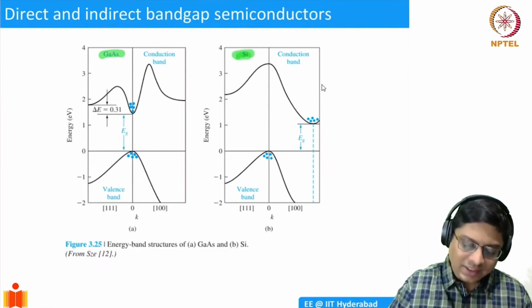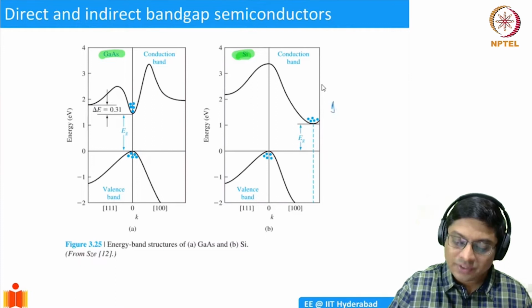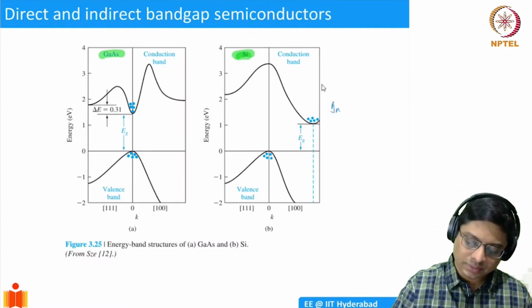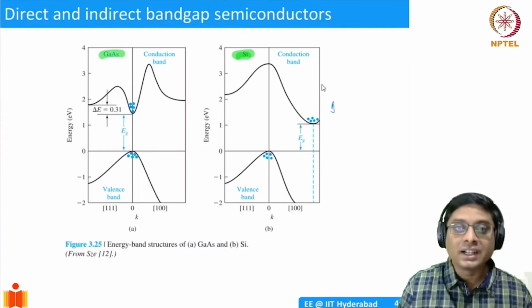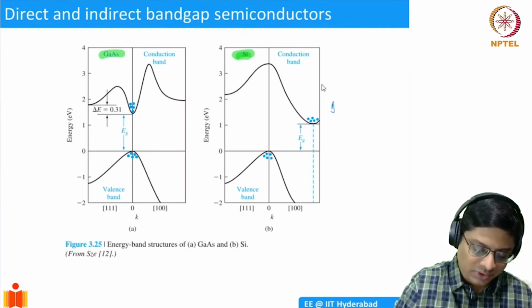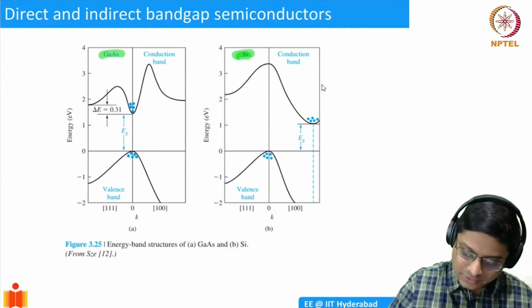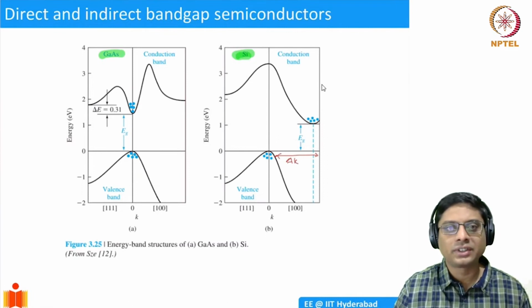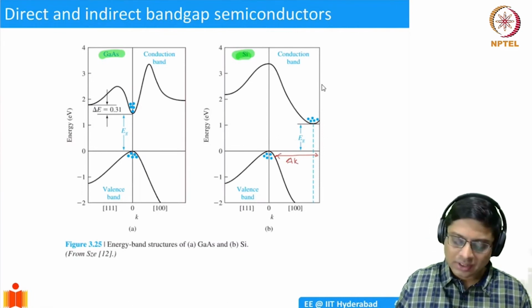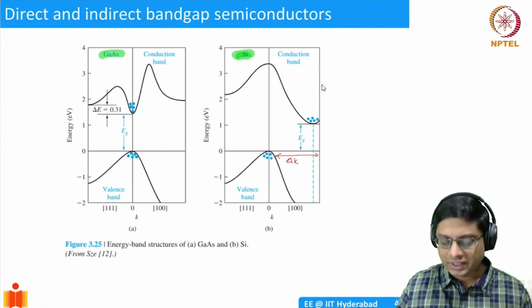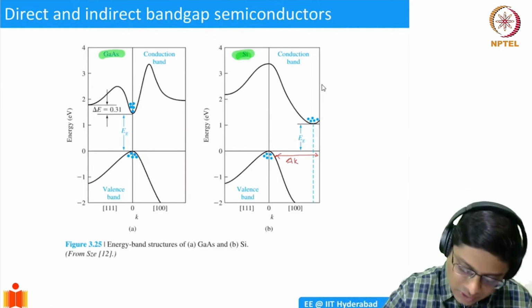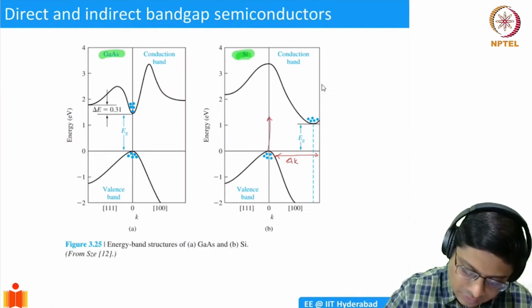And generally, indirect band gap semiconductors are not efficient absorbers of light. Because this K is there, you essentially need an additional phonon. There's a difference in K, delta K. And we already saw that the photon has a good amount of energy, but negligible momentum. So a photon can only make a transition from here to here.